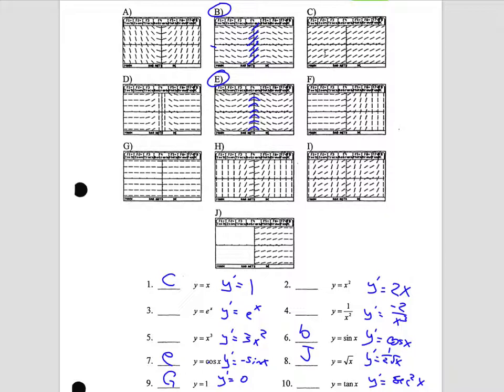Why are the derivatives helpful? Because on 9, if y prime equals 0, that means all my slopes have to be 0, and they all have to be flat. So that tells me it has to be G. And on number 1, my derivative is 1, so all my slopes have to be 1. So the only thing that looks like that is C. So those are examples of where the derivative was helpful.